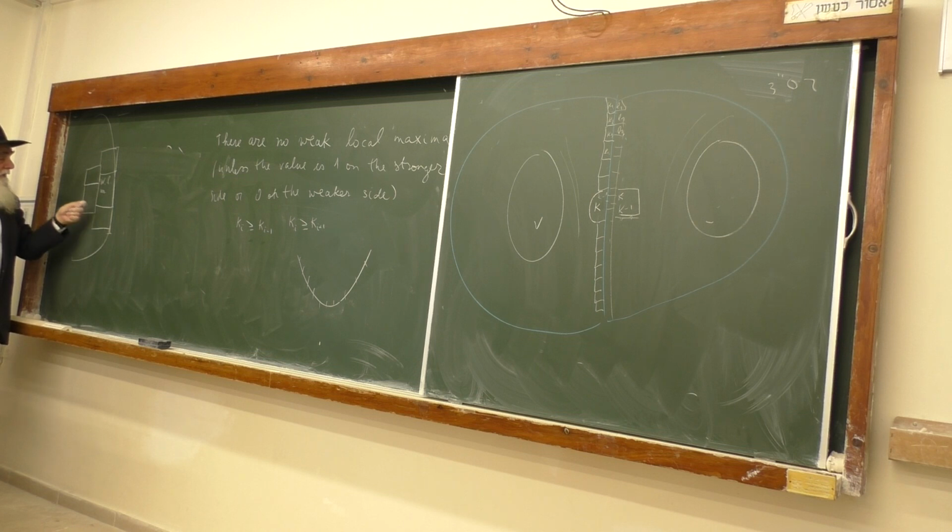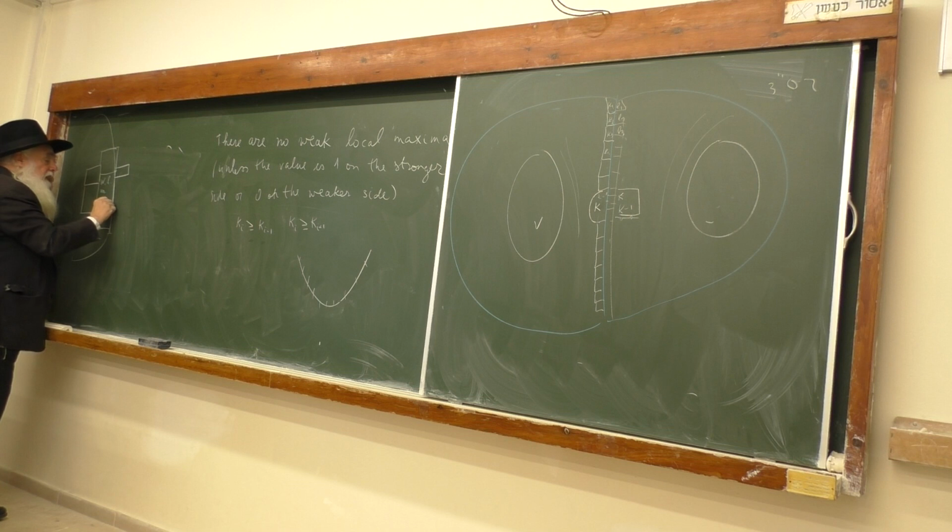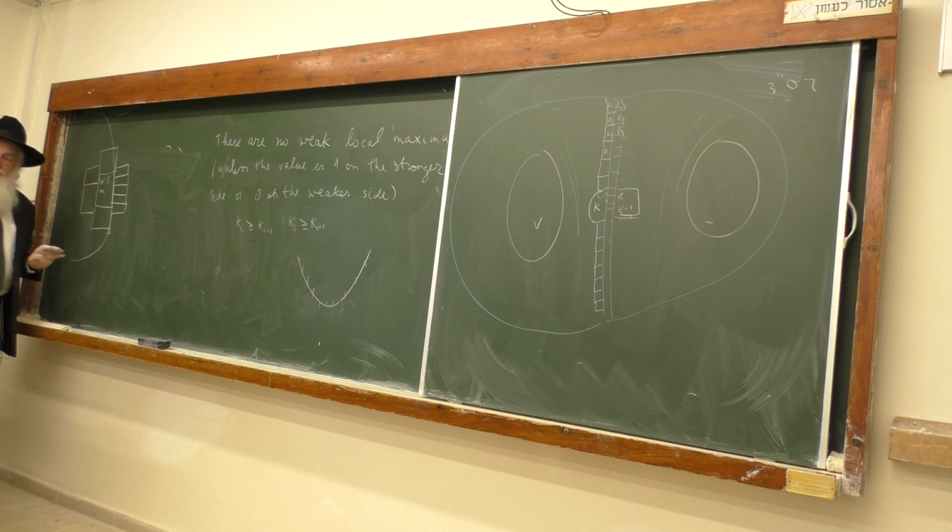Therefore, it has at most 4 regions here, right? Or neighbors. 2 below, 2 on the sides. So it needs at least 5 neighbors on the other side, right? 1, 2, 3, 4, 5, 6, 7, 8, 9.